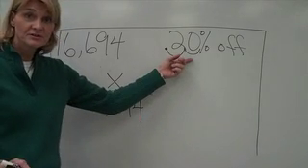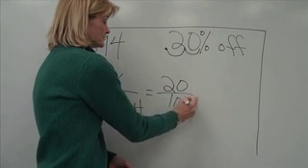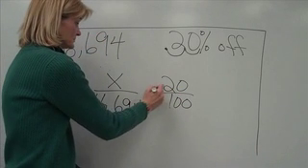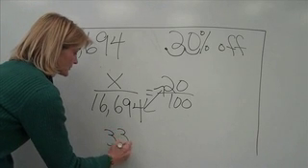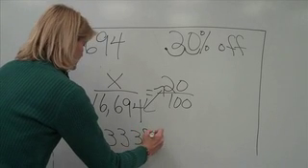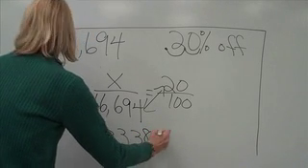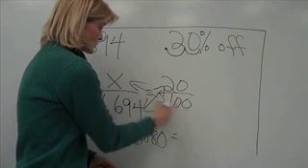We have 20% that we don't have to pay over 100. If you cross multiply, you get 333,880 equals 100x.